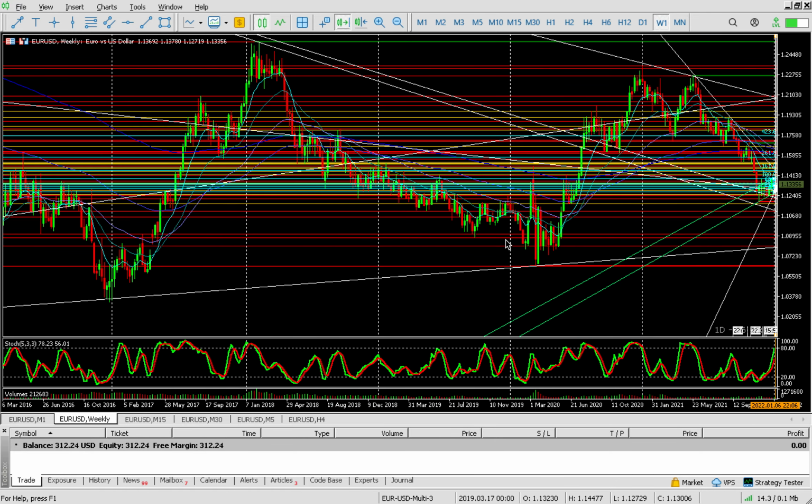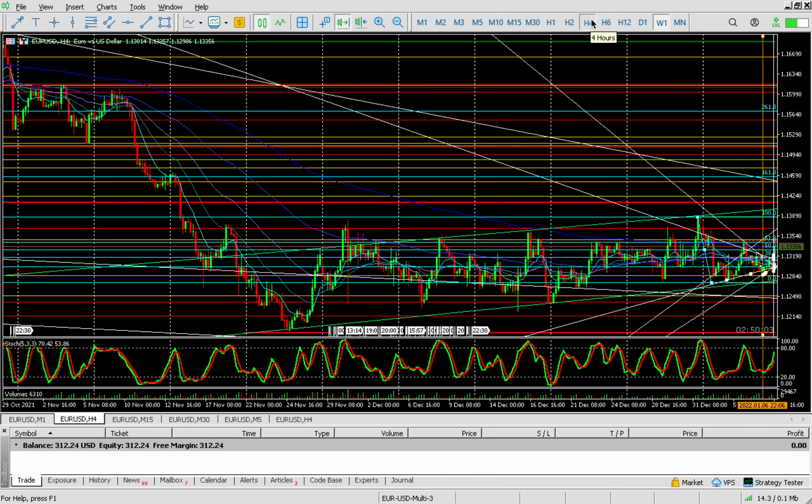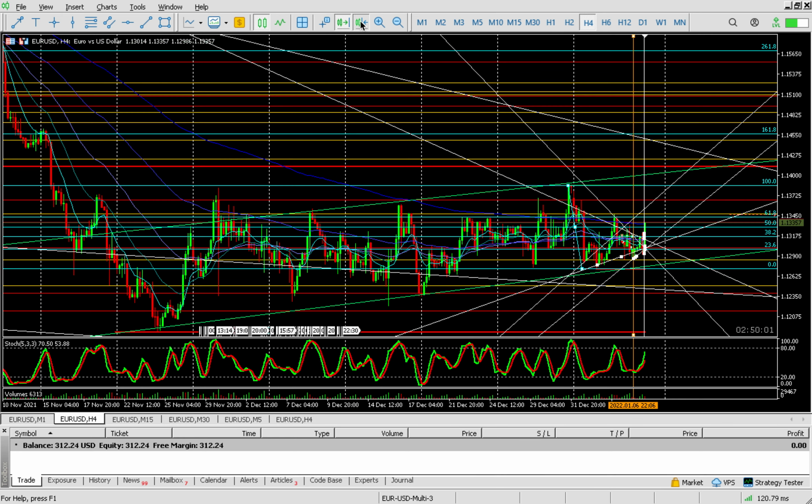So that's why I was saying it's sort of in this triangular pattern. So what's going to happen? And then we're in this channel too. So I got this channel marked by this green.